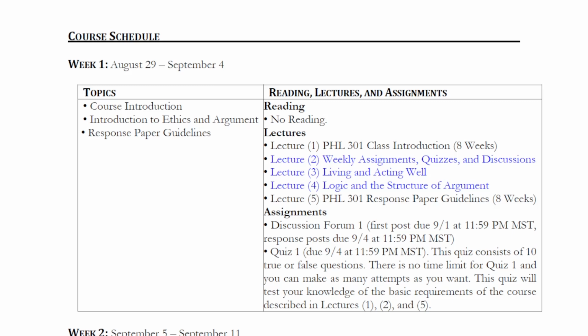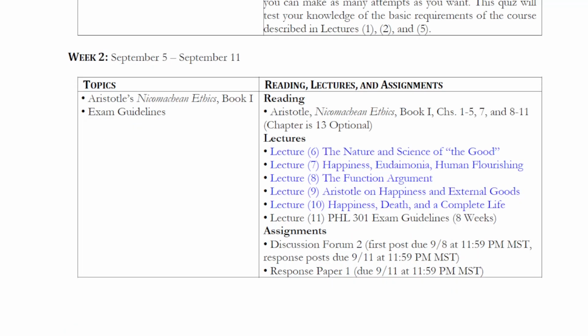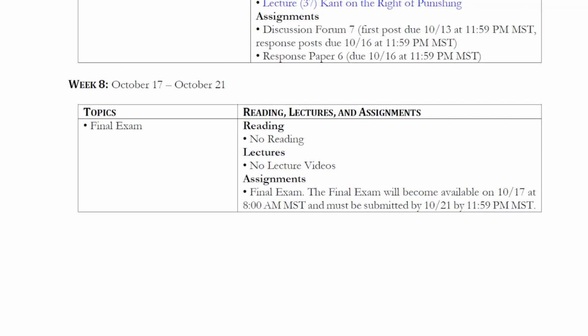And here you can see that Discussion Forum 1 and Quiz 1 are both due this week. In week 2, to take another example, we can see that Discussion Forum 2 and Response Paper 1 are due. And to consider one final example, the course schedule also shows that the final exam is due during week 8.